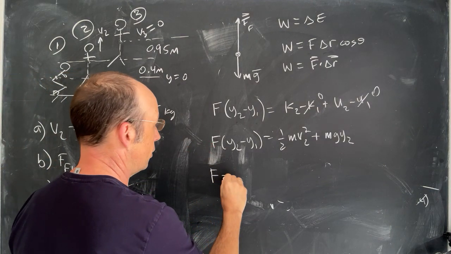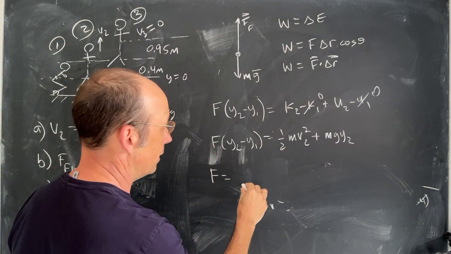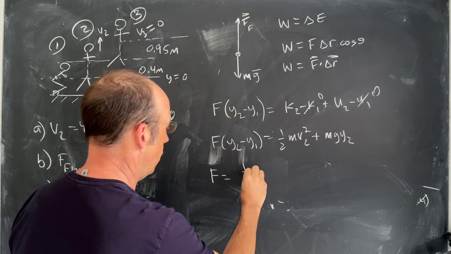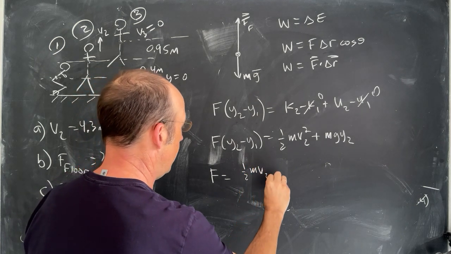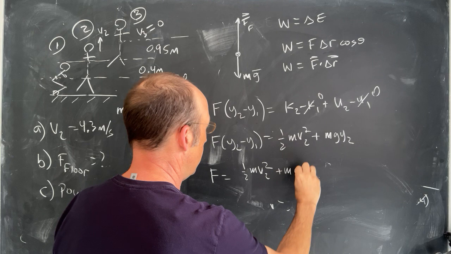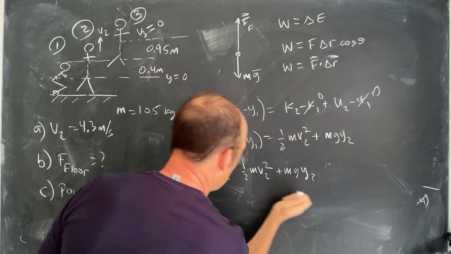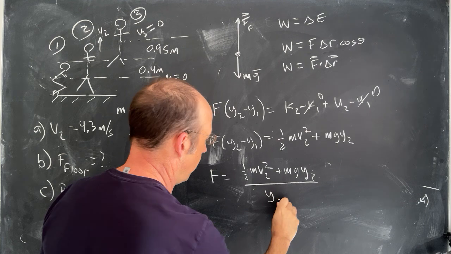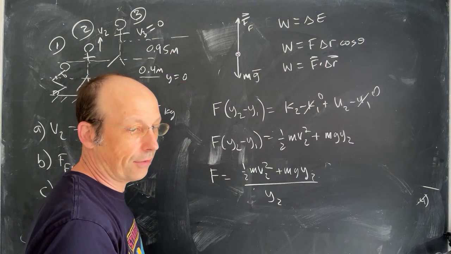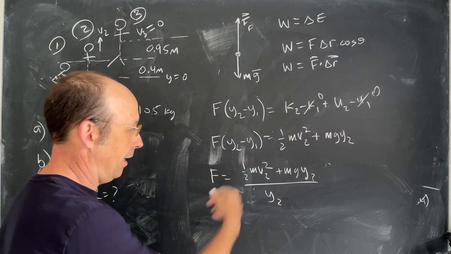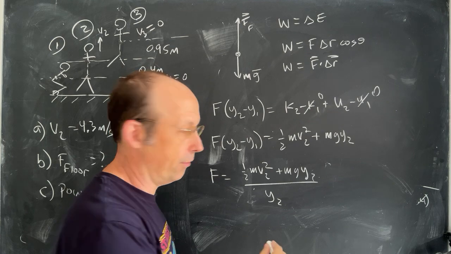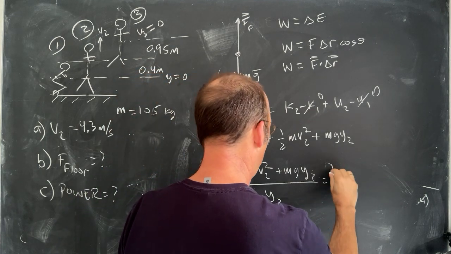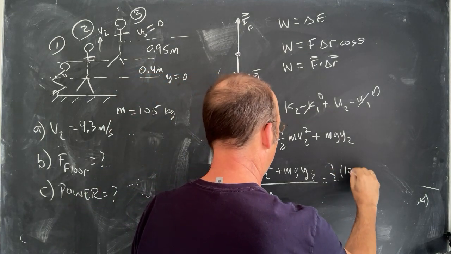So F is going to be equal to, let's just write this out, it looks a little messy: 1/2 m v2 squared plus m g y2, divided by, and y1 is 0, so I'm just going to put this as y2. You could cancel that, but you can't cancel right there. So let's just put in our values. 1/2, 105 kilograms.